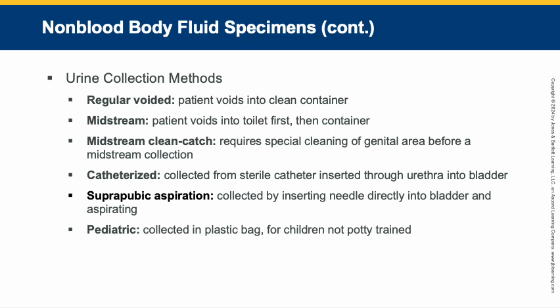Then there is a midstream specimen. This is performed to obtain a specimen that is generally free of genital secretions, pubic hair, and bacteria that normally surround the urinary opening. So to collect a midstream specimen, the patient voids the initial urine flow into the toilet. So they start urinating in the toilet.